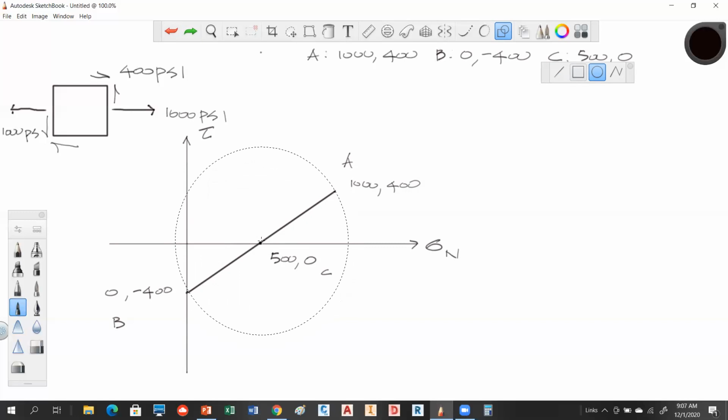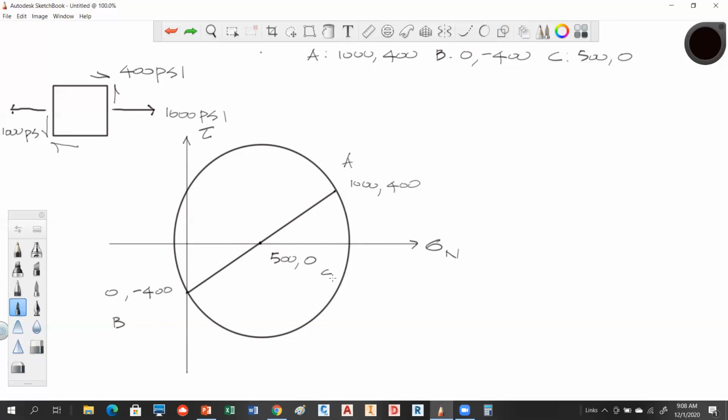That's not too bad. There's a circle right there. That's my Mohr's circle, okay? And you can notice this is going to be the point of maximum normal stress.